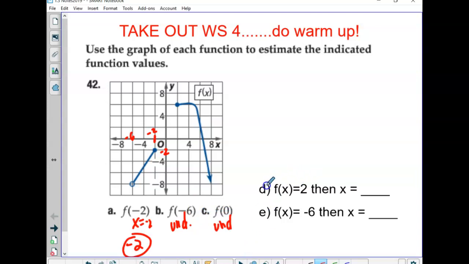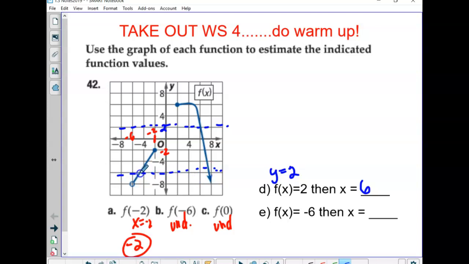Now, does anyone know what this is actually saying? It says when f of x equals 2. What does f of x mean? Yeah, when y is 2. So that would be y equals 2. What x value is happening right then? 6. And if f of x is -6, which means y is -6, there'd actually be, that's the worst line ever, but there'd be two values, right?